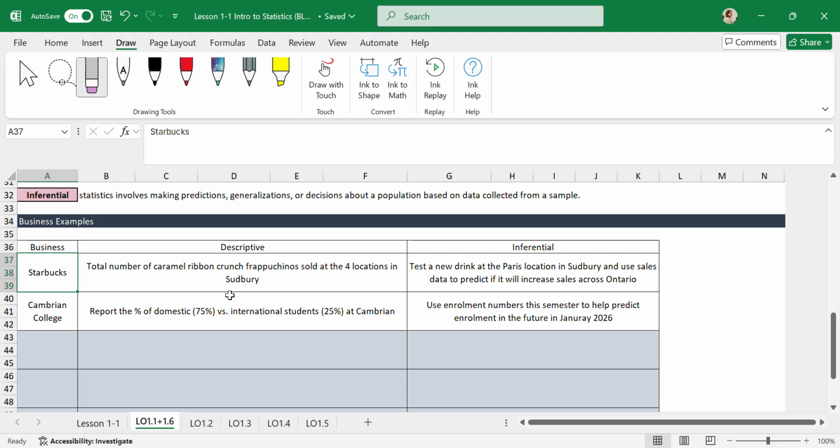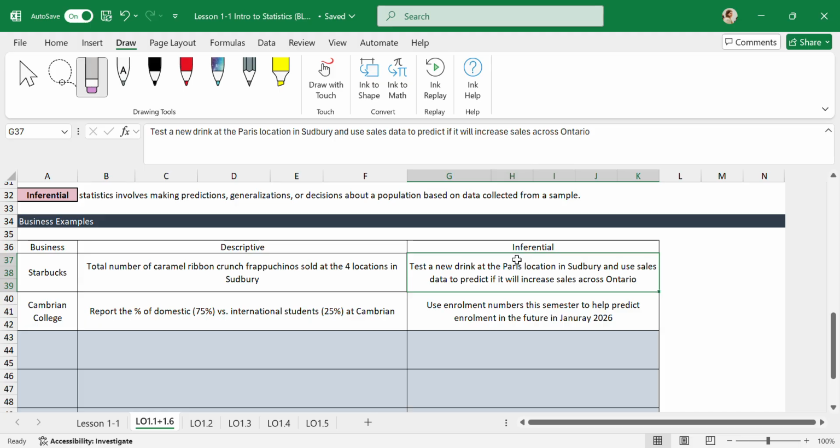You could even look at the average income that people that work at Starbucks make, or the average spending in a single order in Starbucks in Sudbury or across Ontario or across Canada. It would just be some kind of summary that's relevant to Starbucks. So here it's the total number of frappuccinos sold. Another example would be total spending per order on average, that we could calculate that average amount.